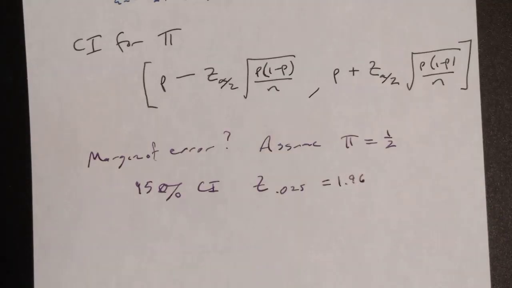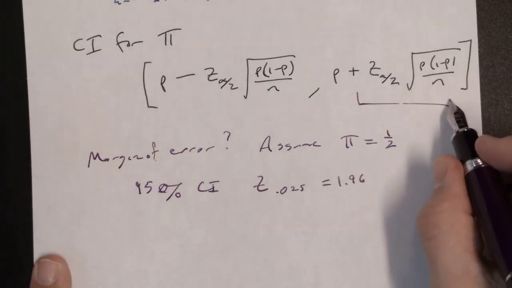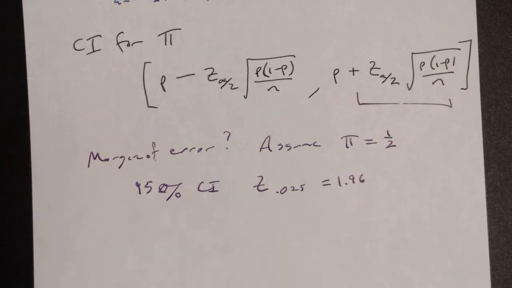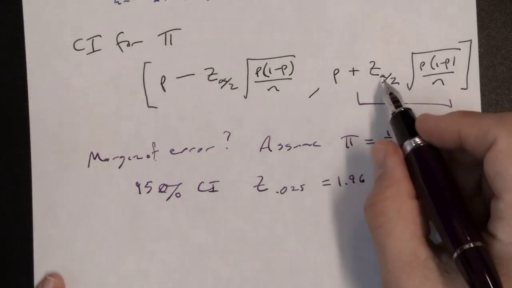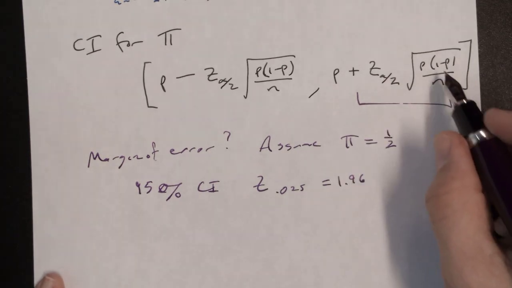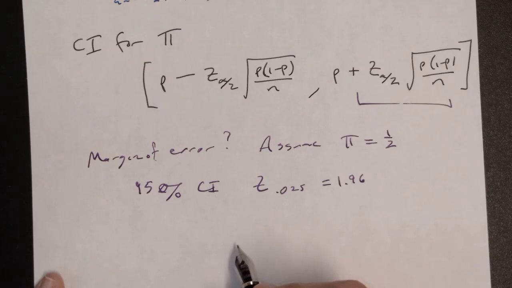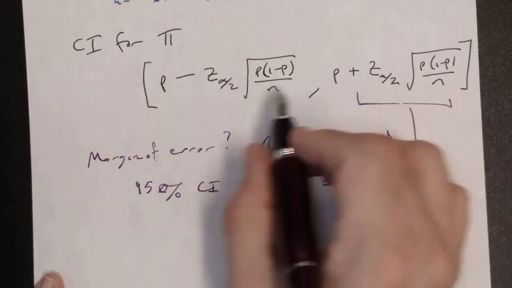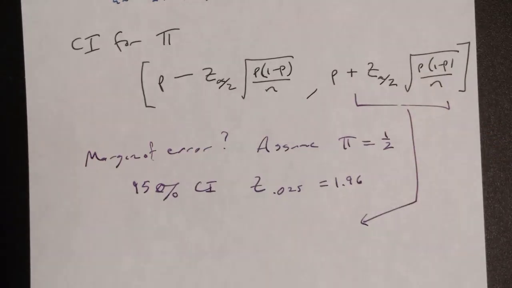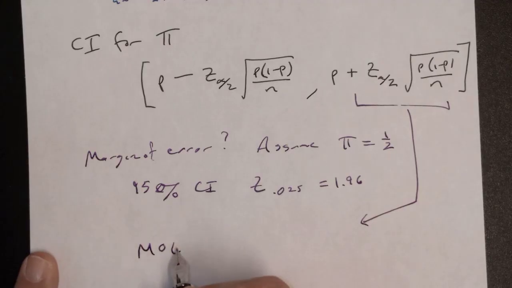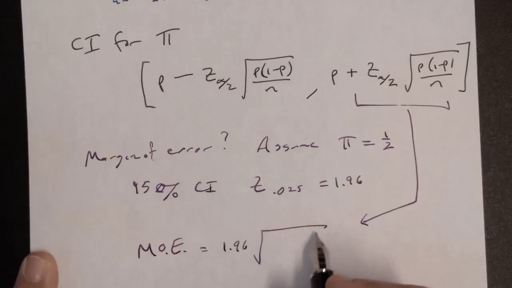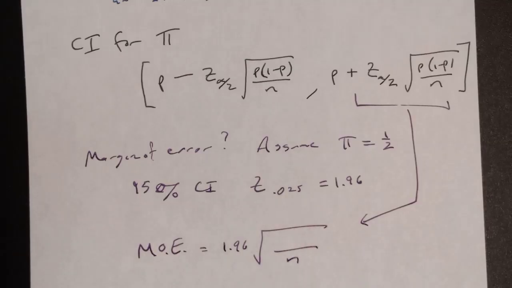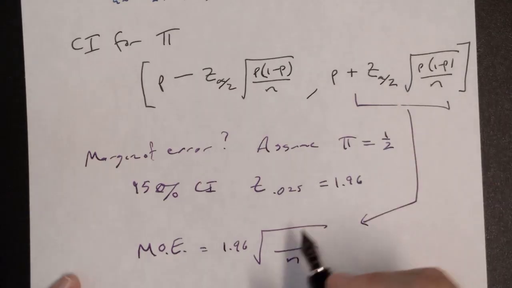Well then, what's this number? If I use 1.96 for the Z and I use 50% for P, then this piece is my margin of error. That's how much to either side I would be. The margin of error would be 1.96 times the square root of what? Well, I'm going to assume this is 50%.